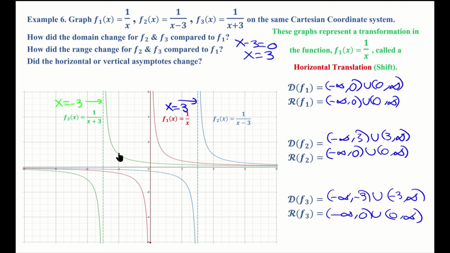And when you change 1 over x to 1 over x plus 3, it's like taking the red graph, both pieces of it, of course, and moving both pieces 3 units to the left. Again, this would be considered a rightward horizontal translation. This is a leftward one.